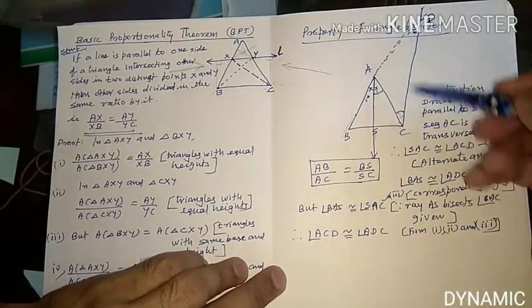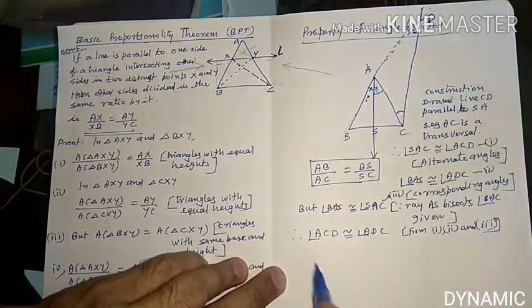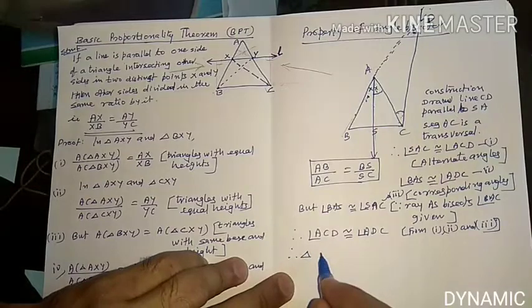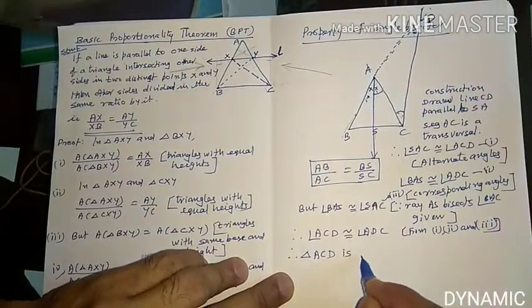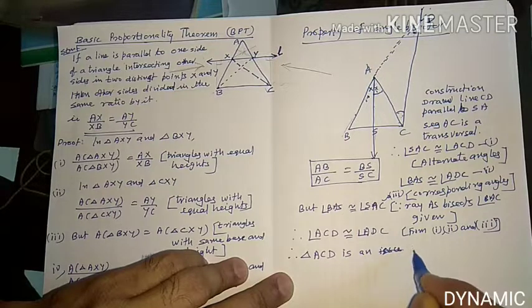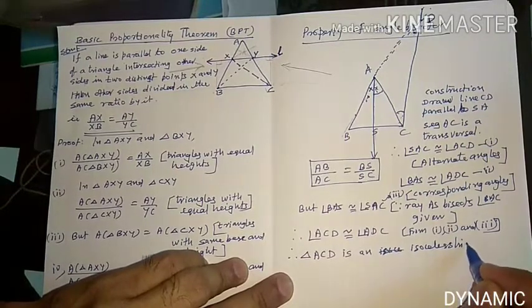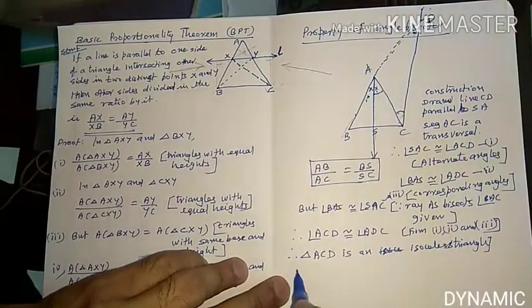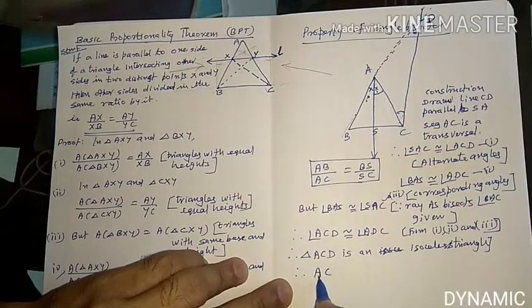If these two angles are congruent, triangle ACD is an isosceles triangle. Therefore, AC is equal to AD.